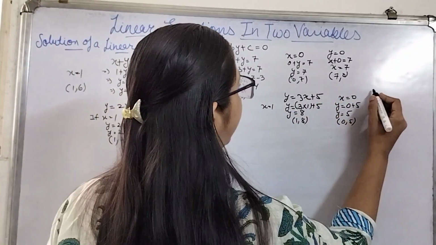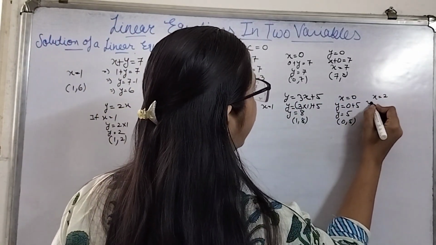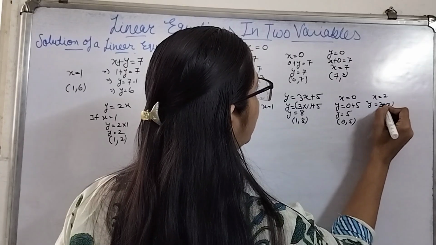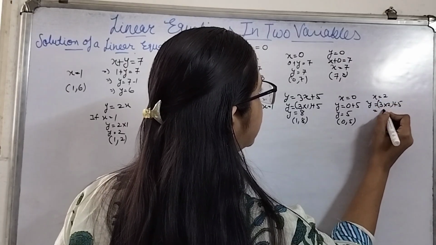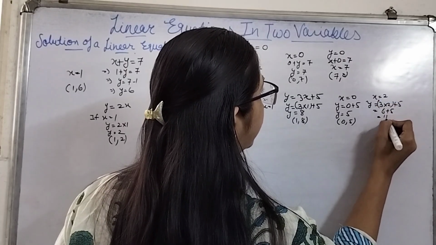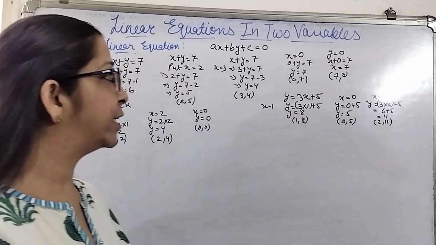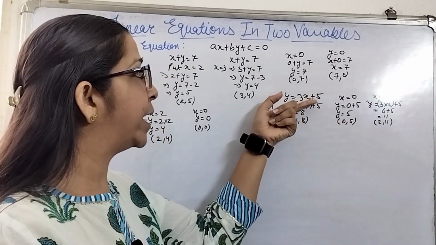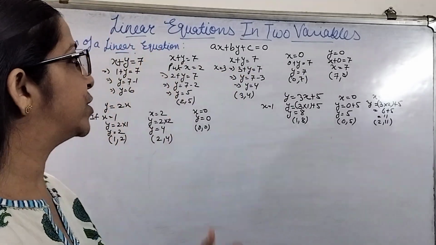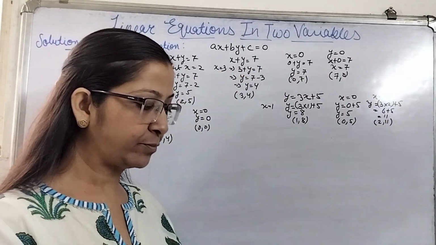If I keep x equal to 2, then y will be 3 multiplied by 2 plus 5, that is 6 plus 5, 11. So (2, 11) will be one of the solutions. So there can be infinitely many solutions for any given linear equation in two variables.